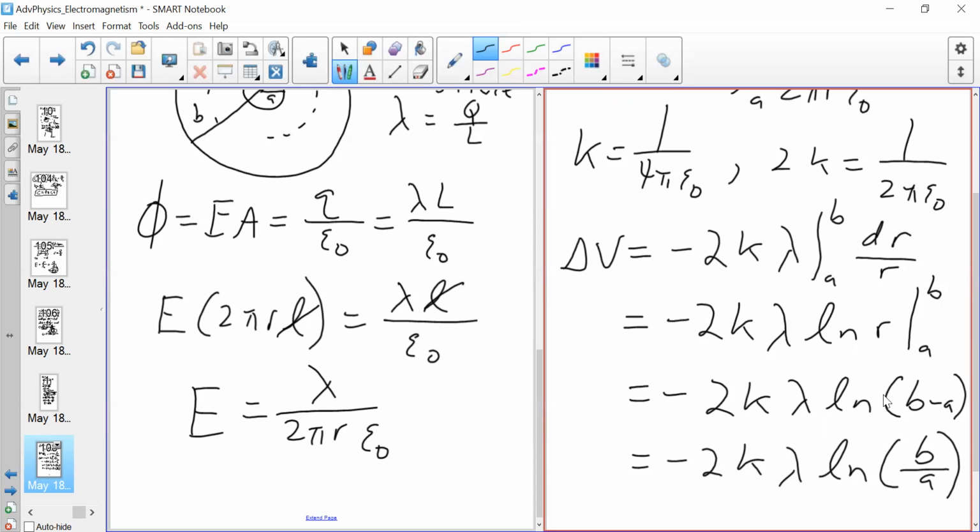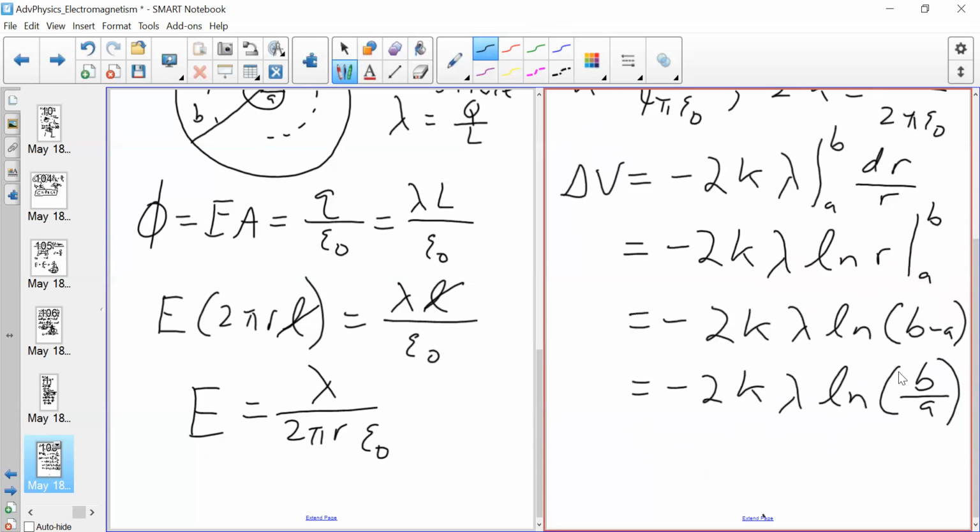I just didn't write it out that way. At this point it is rather trivial. Do I need to write it out that way, or do we understand that the natural log is going to be multiplied by both B and A, and it becomes B divided by A?